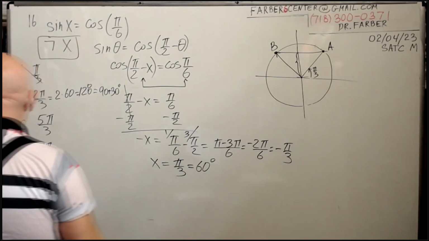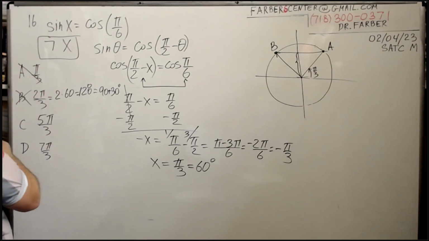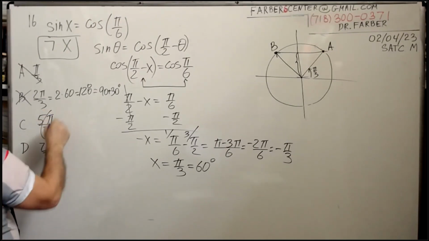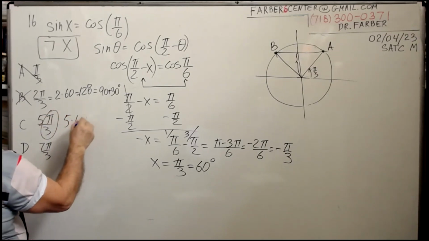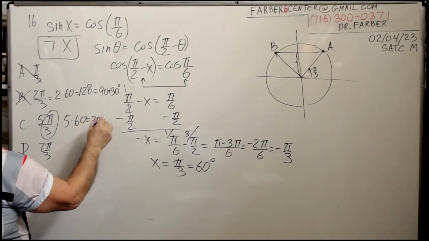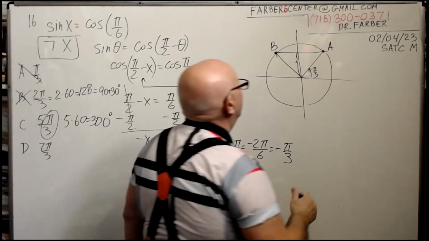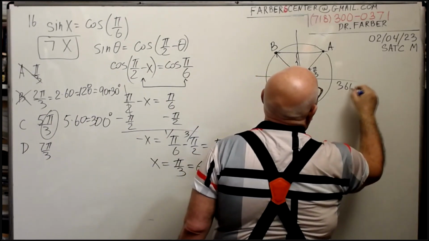Okay, what is 7 pi over 3? You do the same way. Pi over 3 is 60. 5 times 60 is 300. What is 300? Remember, this is 270 and this is 360.